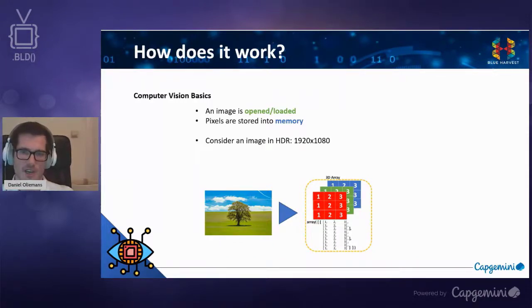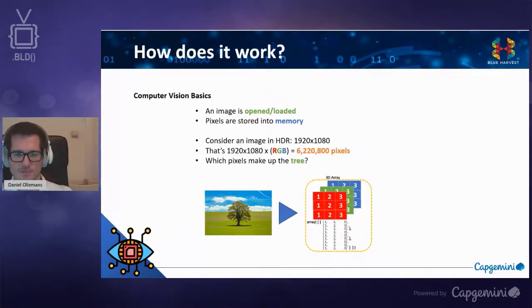If we were to calculate the total number of pixels in that image, it would add up to 1920 times 1080. And then you have for each pixel a red, green, and blue value, which amounts to a total of 6.2 million values. That's quite a lot of information.